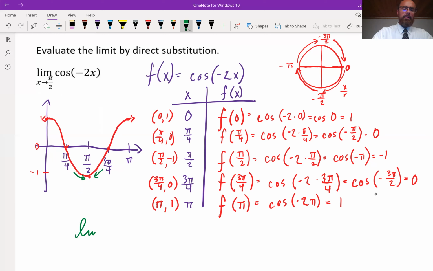The limit as x approaches pi over 2 for the function cosine of negative 2x equals, let's check out our output here for pi over 2. We can see it here on the graph. If we trace over to the y-axis, it is negative 1.